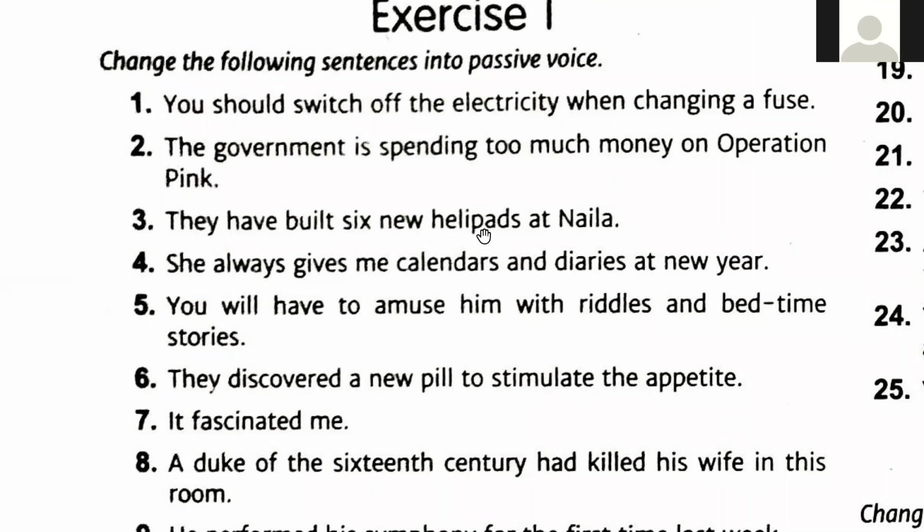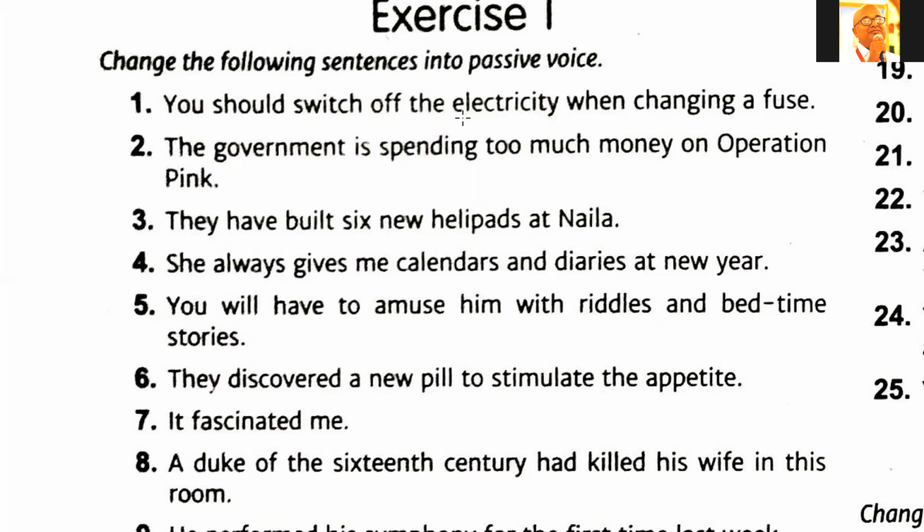Practice exercises. Exercise 1. Question number 1. You should switch off the electricity when changing a fuse. Answer: You should switch off the electricity when changing a fuse. When changing the fuse, you just make a correction. First, you need to find out the object.